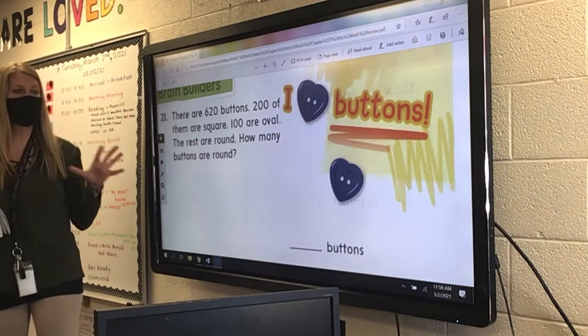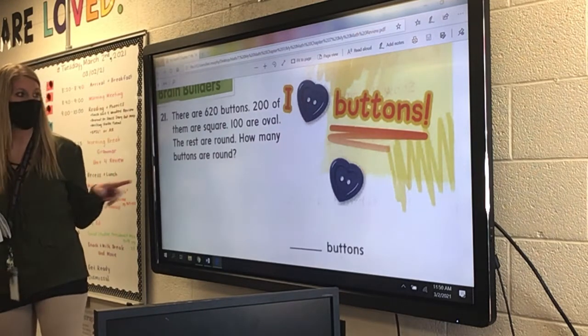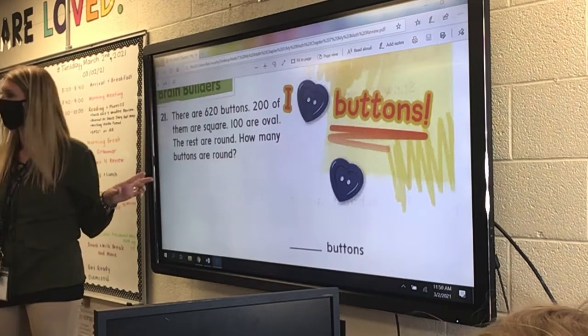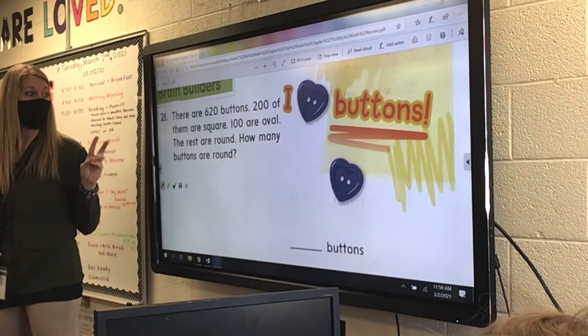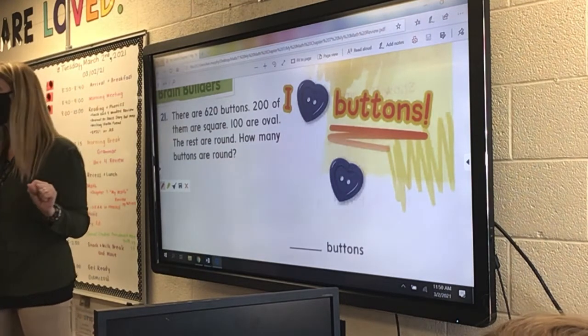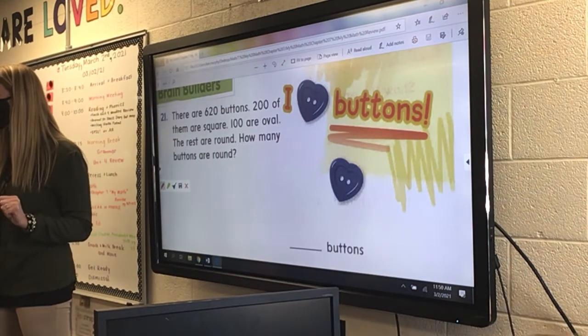We know there's 620 buttons, and 200 are square and 100 are oval. So what do you think we can do?